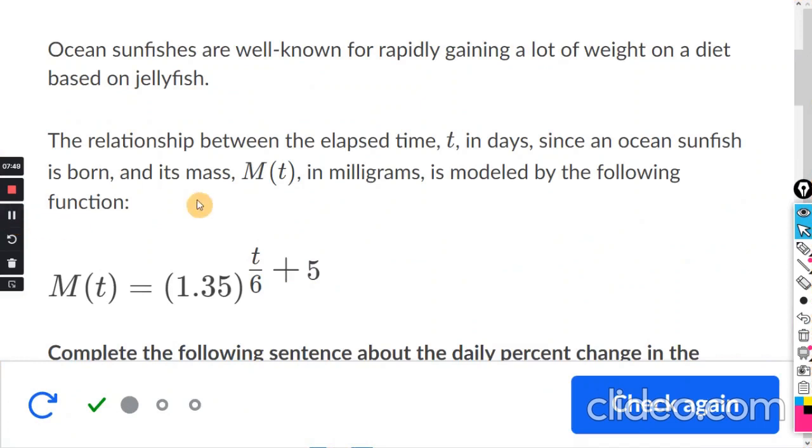Okay, I made a mistake on this one at first, but I came up with a better way of explaining it. Once again, this function here represents the mass of the ocean sunfish. T is the time in days.